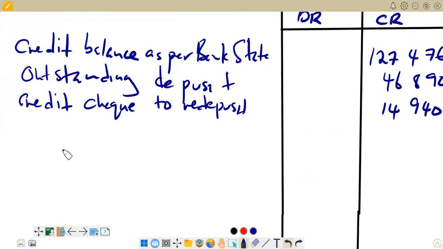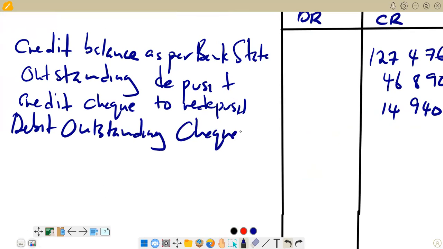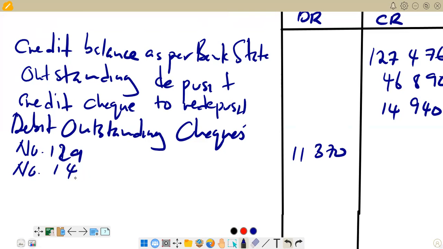So we are saying debit outstanding checks. We've got number 129, and the amount is 11,370. Next one is 145. We can just cross check this one.